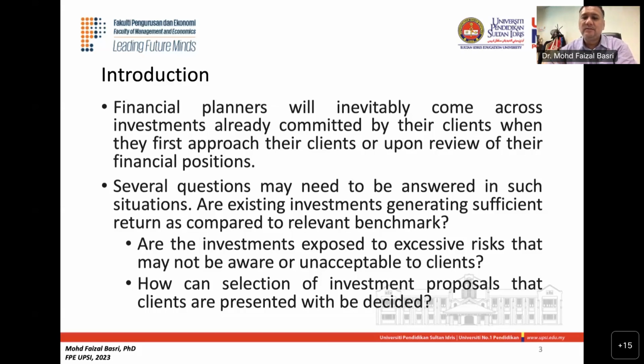As a comparison, we're going to compare it against relevant benchmarks. And we want to see how much risk they are exposed to with their current set of investments. And we can prepare an alternative solution with regards to investment proposals.